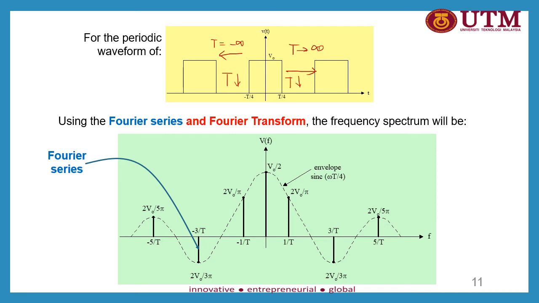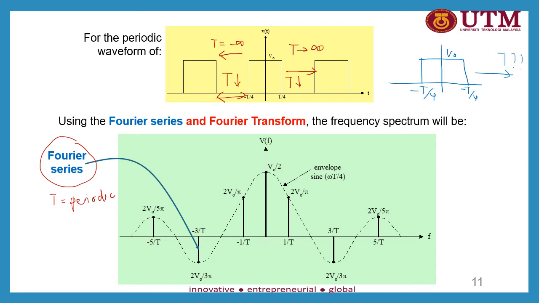you can plot the spectrum by using Fourier series because you know the T. In this case, it is a periodic signal, so you can identify the T. But if the signal now appears like this, a rectangular signal V naught, between T over 4 and minus T over 4, you don't know the T. Therefore, you cannot represent the spectrum as lines as in Fourier series.